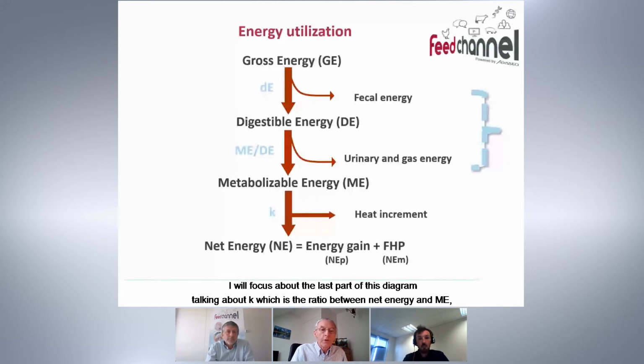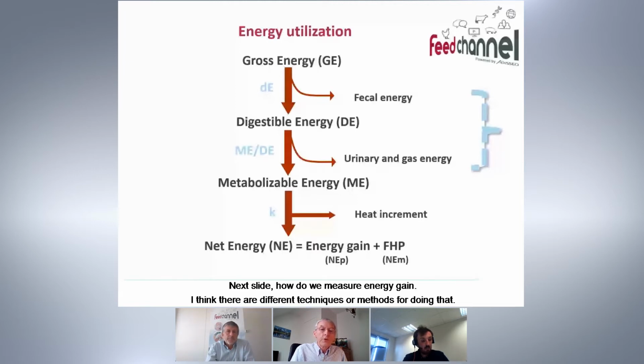I will focus mainly on the last part of this diagram: K, which is the ratio between net energy and ME, the heat increment, and the calculation and measurement of net energy, which is the addition of energy gain plus fasting heat production.